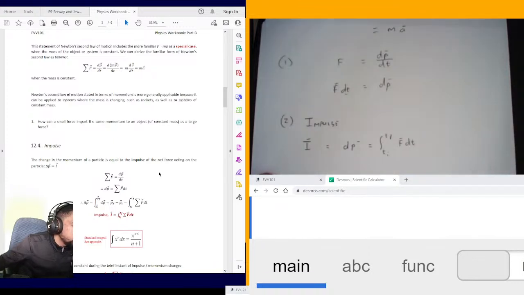So the impulse of the net force acting on the particle is equal to the change in the momentum of the particle. Impulse is basically just the change of momentum of the particle.